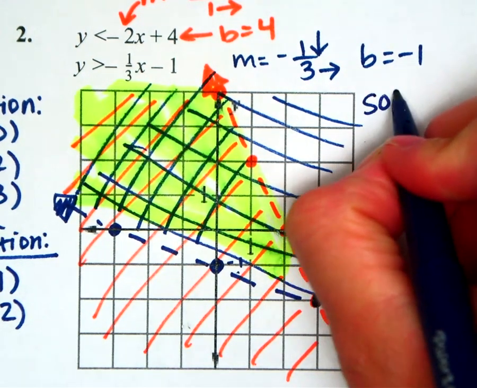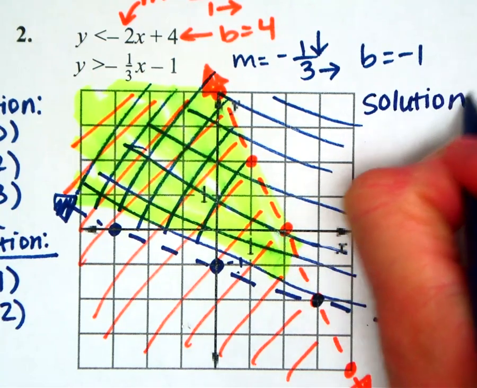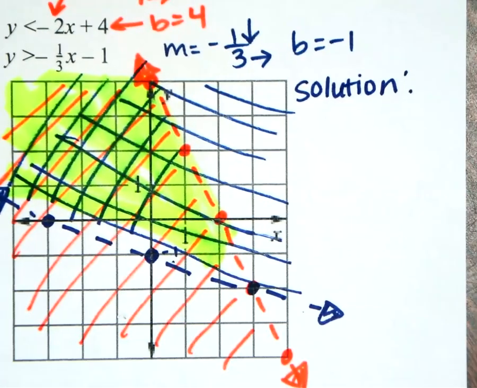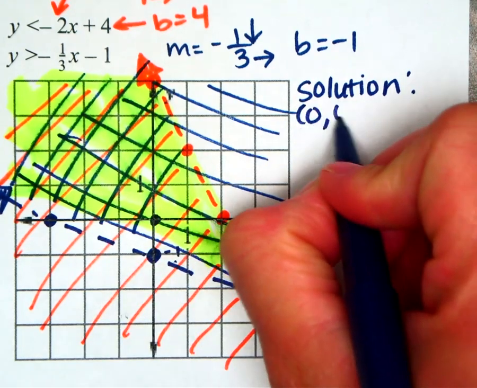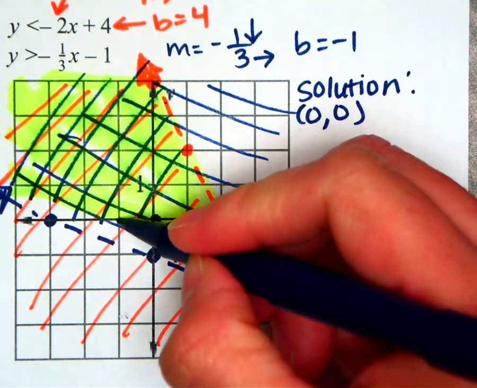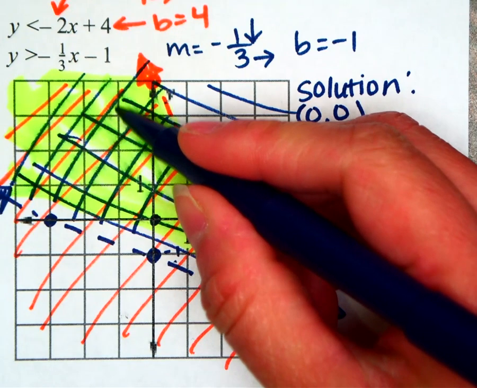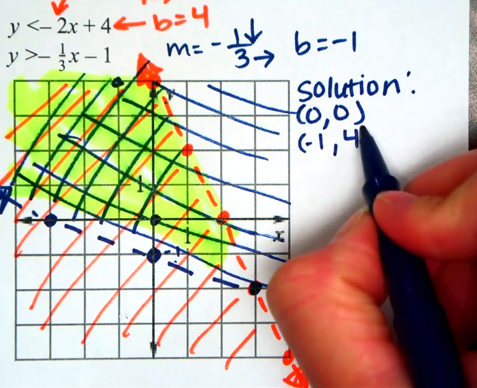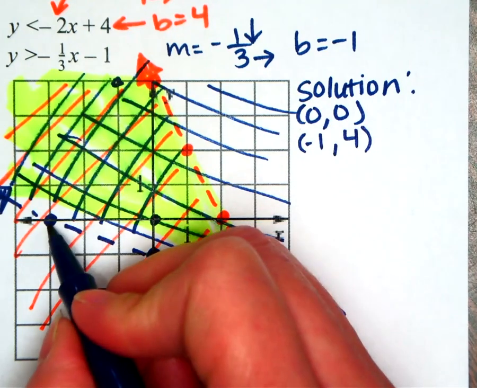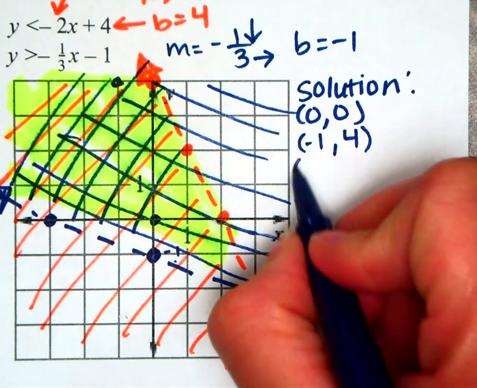So examples of the solution for this problem would lie at the origin, 0, 0, or you can say -1, +4. You can say -3, +1.